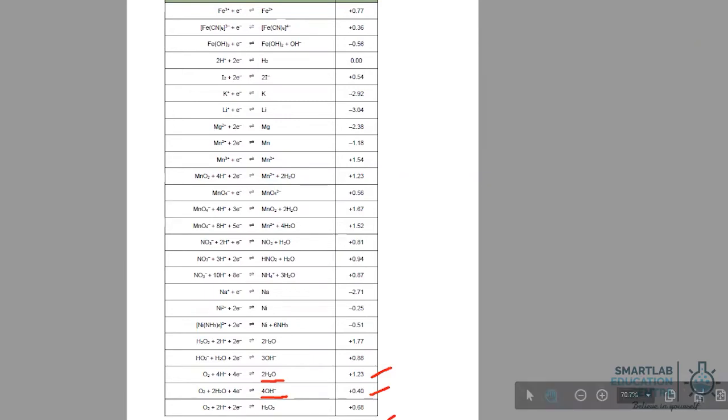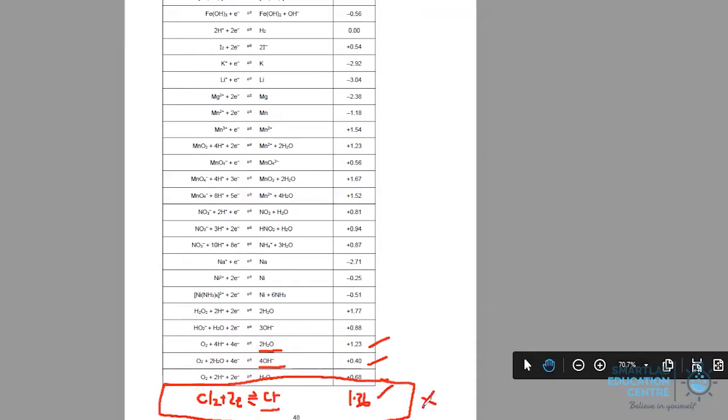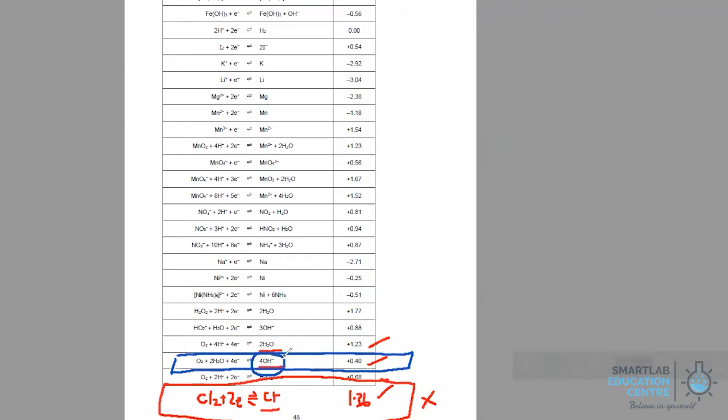So with these half equations that are all going to take place at the anode, we should be choosing the half equation which is the most negative. So in this case, it definitely cannot be Cl- going to Cl2 since its value is the most positive. And next, it cannot be OH-. The reason is again because in dilute sodium chloride solution, the pH of the solution is 7, which means the concentration of OH- is 10 to the power of minus 7 mole per dm cube, which is way lower than what is displayed here, because based on standard electrode potential value, the concentration of OH- ought to be 1 mole per dm cube.